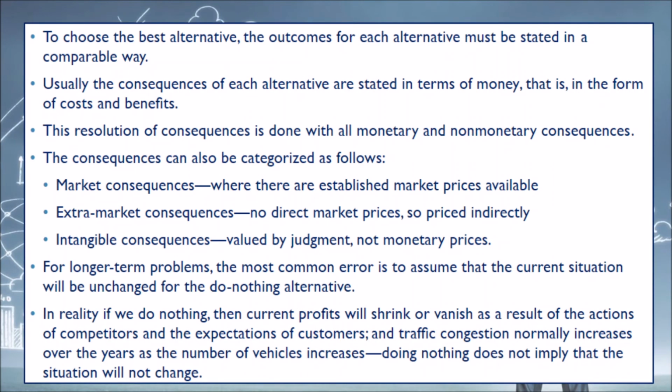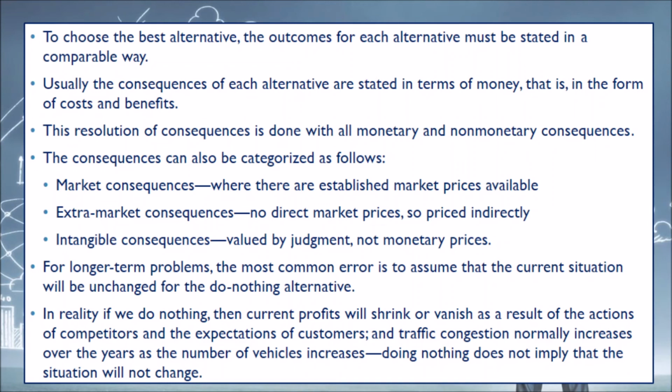To choose the best alternative, the outcomes of each alternative must be stated in a comparable way. Usually, the consequences of each alternative are stated in terms of money, that is, in the form of costs and benefits. This resolution of consequences is done with all monetary and non-monetary consequences.